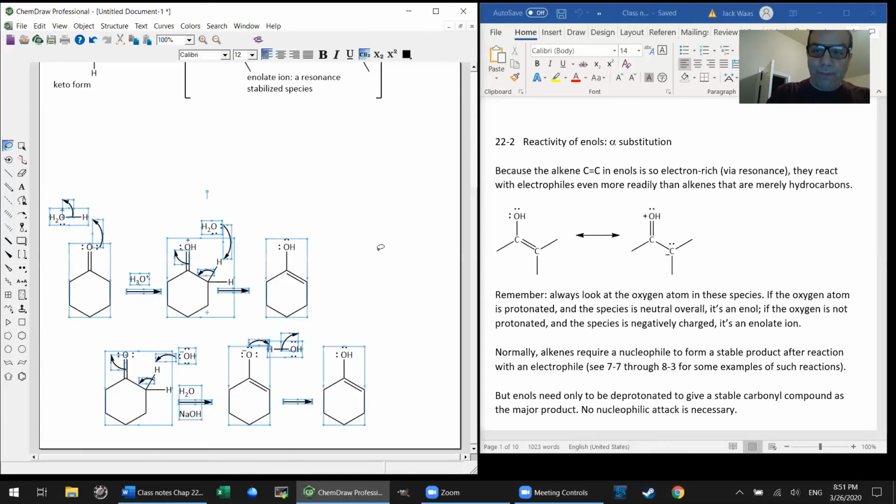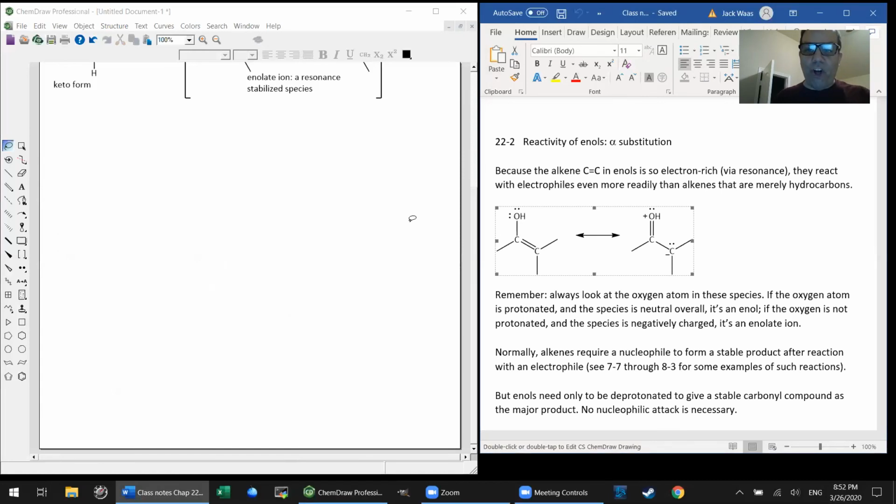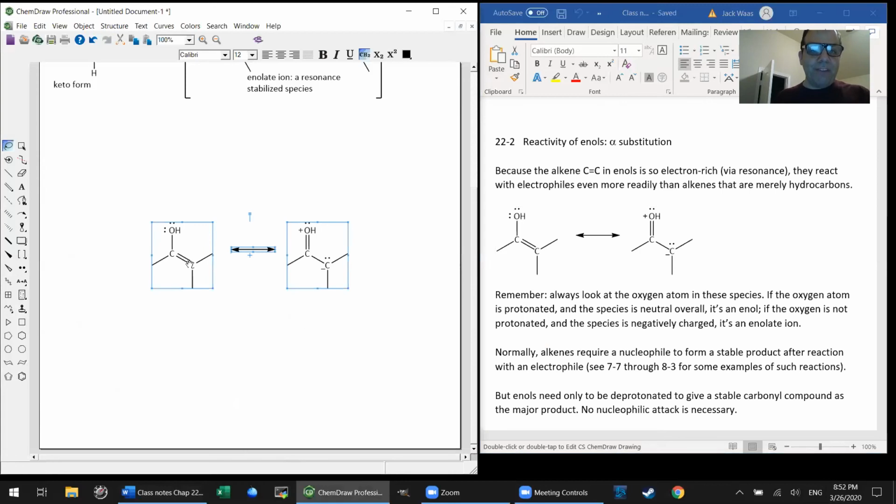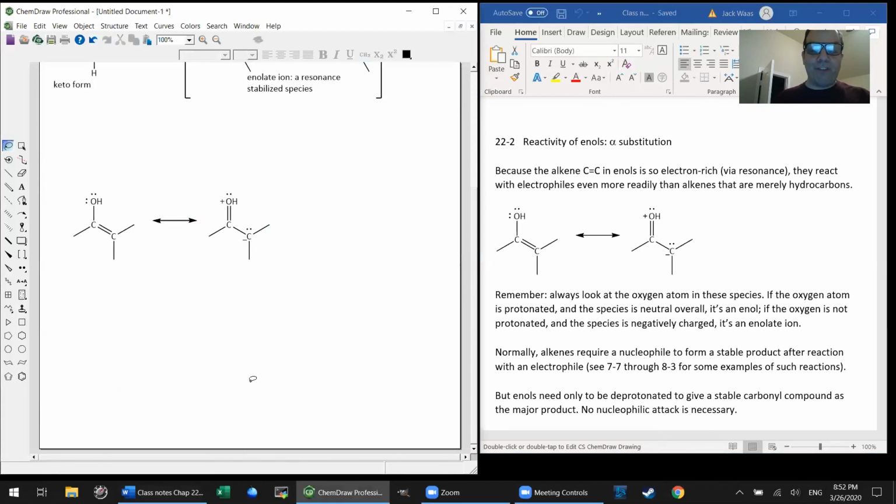And so, if you'll recall about enols and enolates, enols themselves, of course, are resonance stabilized species too. And normally we will draw them like this. It's normally kind of a pain to draw them like that, but it would not be wrong. So it's not just enolates. Enols themselves are resonance stabilized species.